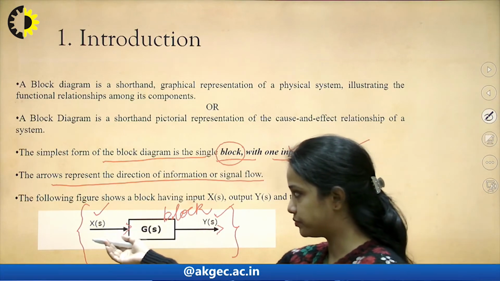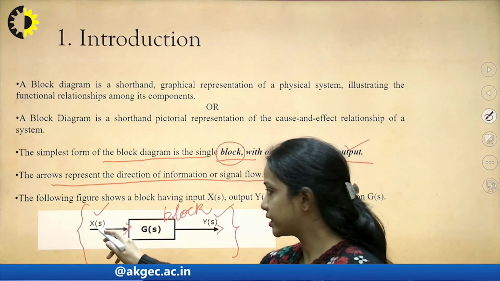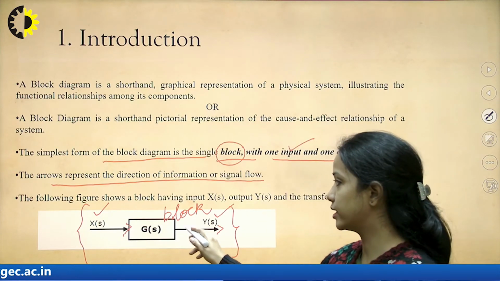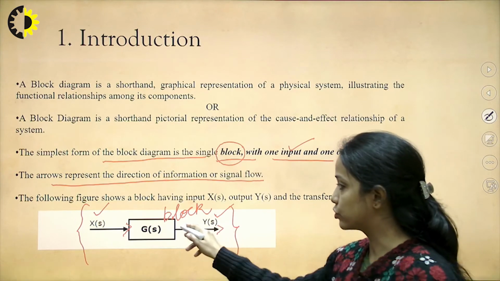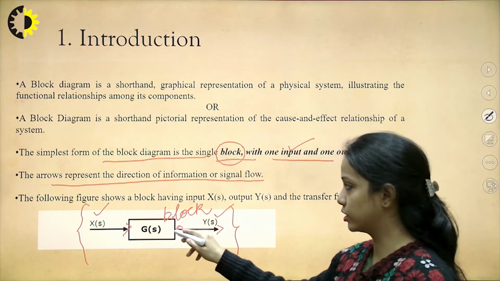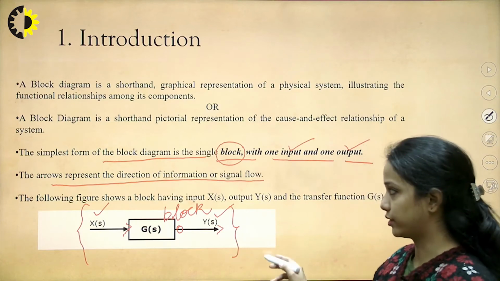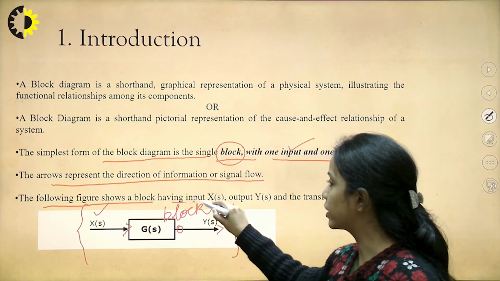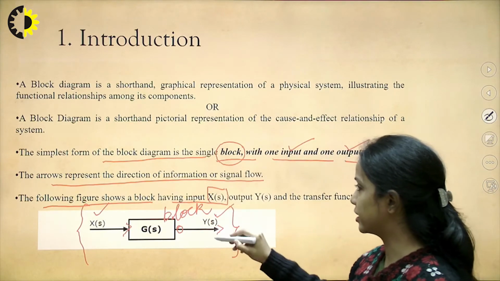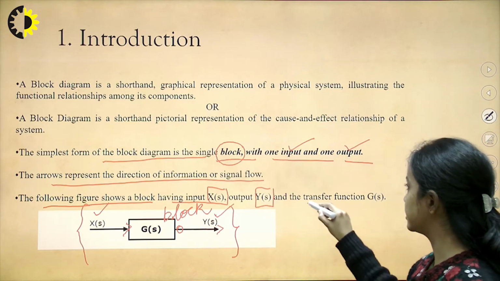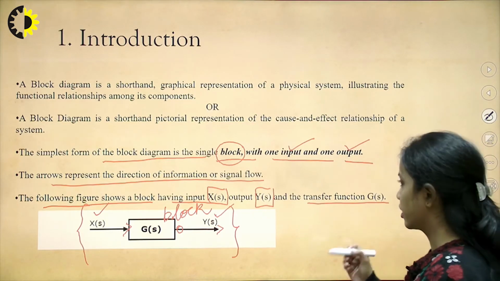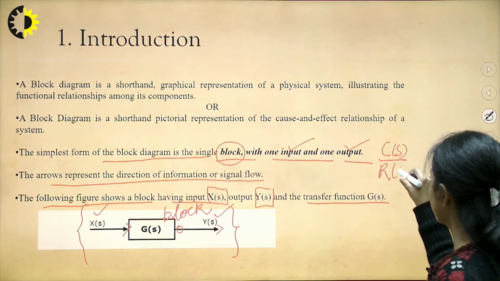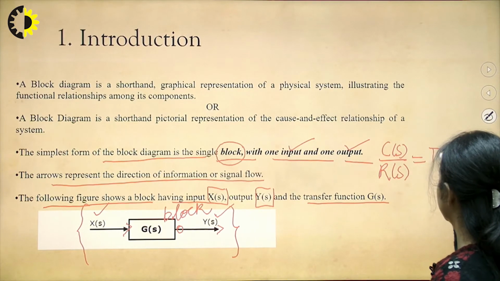Likewise, the input will be traveling and entering into the block where the gain of the block is represented by G(s), and the output is traveling from the output node of this block to the output terminal of the complete block diagram. So, one more thing, the following figure shows the block having X(s) as the input, Y(s) as the output, and the transfer function as G(s). We have already studied C(s) by R(s) is nothing but the transfer function.